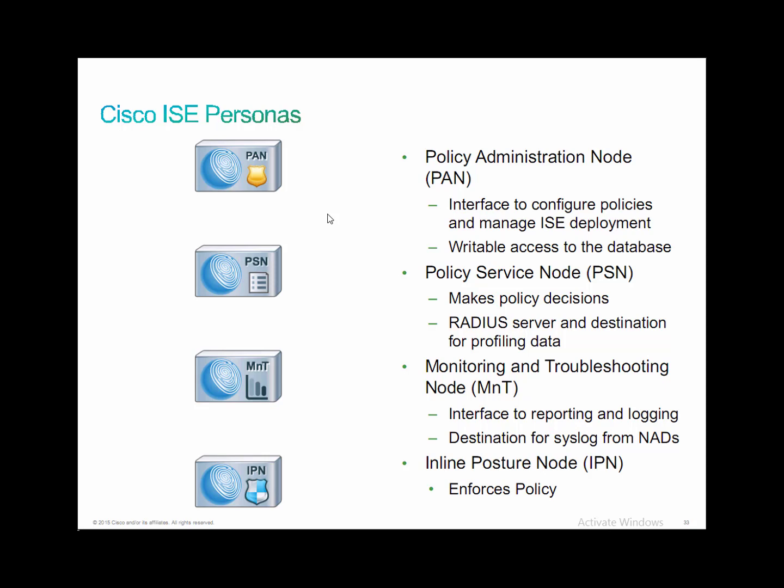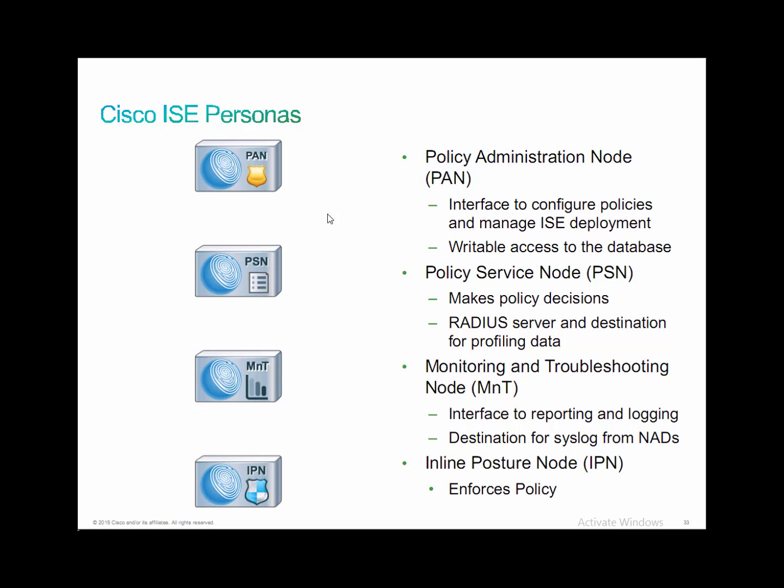The first one is the policy administration persona. This particular persona is the interface for the configuration policies. Actually, before I go into that discussion, the persona is the control center in the Cisco ISE deployment. It also controls the licensing.